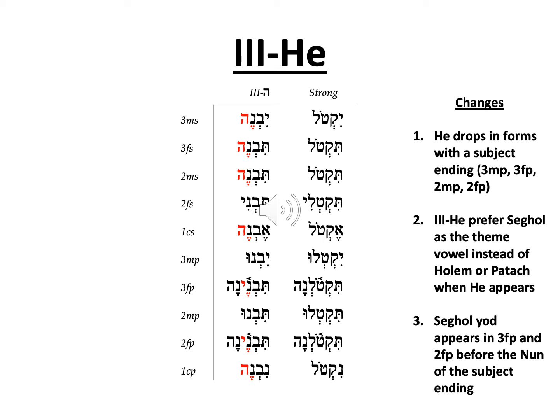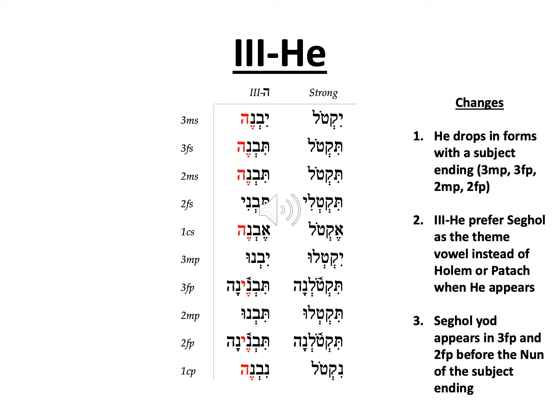You'll also notice that segol yod appears in the 3FP and the 2FP before the nun of the subject ending. Again, very similar to the perfect form, where the hey became a hierik yod. Here it becomes segol yod, because the hey prefers a segol in the imperfect.